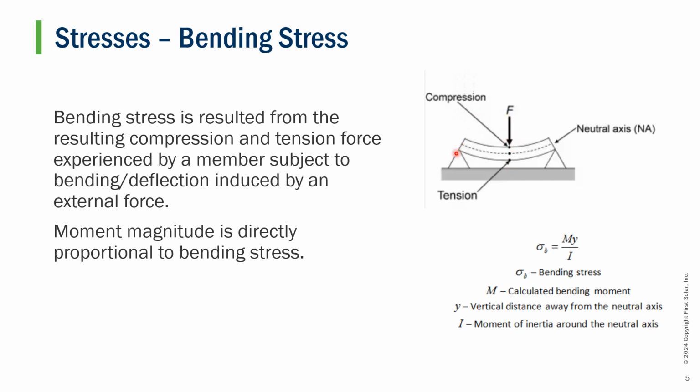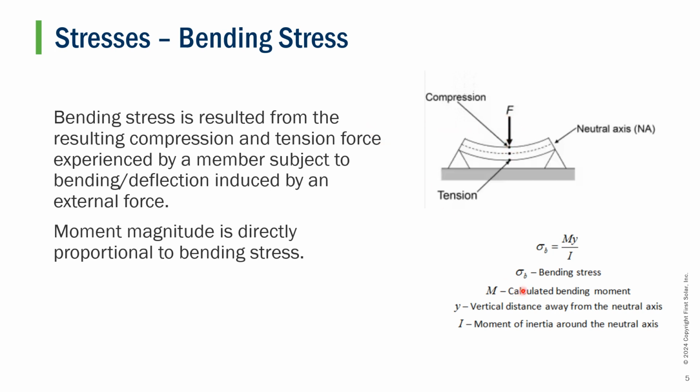This will create a tension force on the outside of the beam as it's expanding to compensate for this bending, and the inside of the beam will experience a compression force, basically sinking in on each other again to compensate for this bending force.